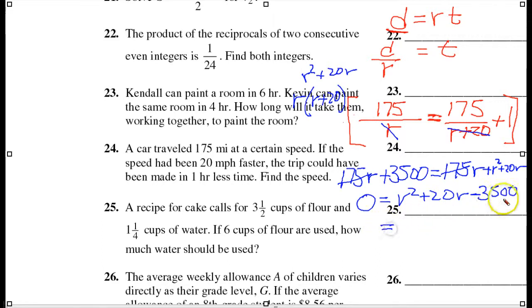Now, this was the tricky part, and hopefully you have the skill to do it. We now have to factor this, r. You're thinking 35 and 2: what are factors of 35 that have a difference of 2? And it's 5 and 7.